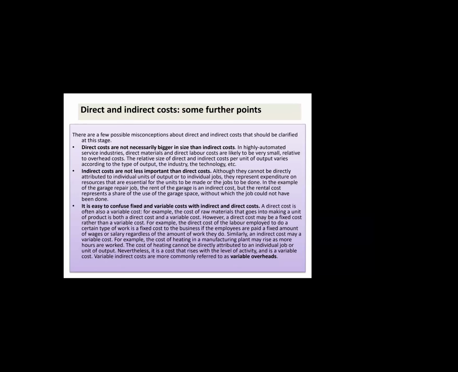So I am trying to say that direct costs are not necessarily bigger in size than indirect cost. It can be bigger than indirect cost, it can be smaller than indirect cost. That does not matter. What matters is its nature. Can we trace it with the product or cost unit? If yes, then it is direct cost. If no, it is indirect cost. Okay.